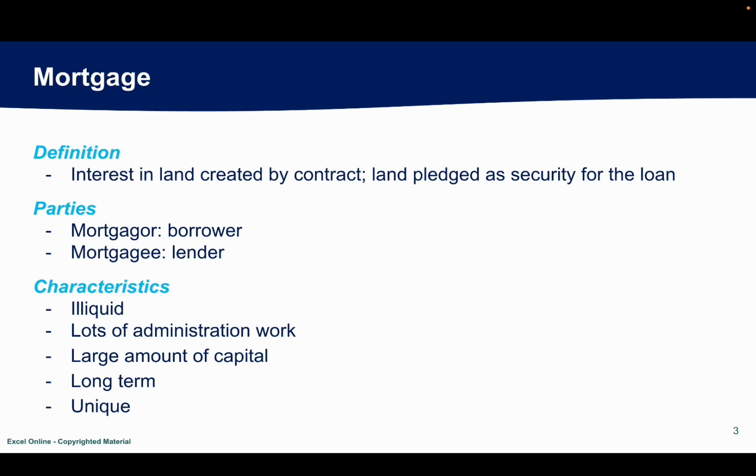After the mortgage is approved, the administrative work continues. The mortgagee must collect payments, ensure property taxes are paid to protect against government liens being placed on the title, and verify that the property is insured to protect against damages. The administrative work is done to protect the mortgagee.